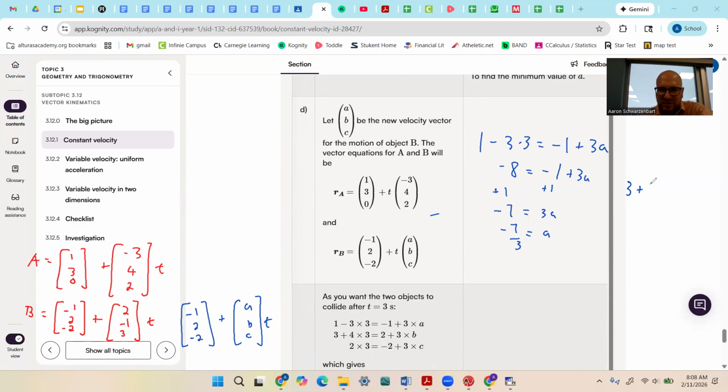I'll do the same thing with the B line. 3 plus 4 times 3 is 12. Minus 3B.